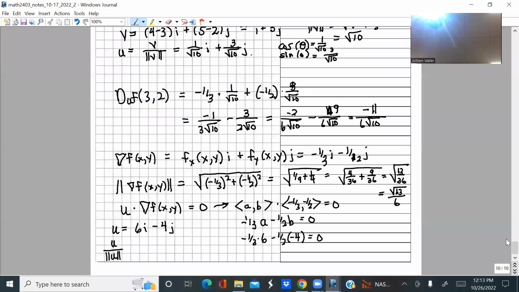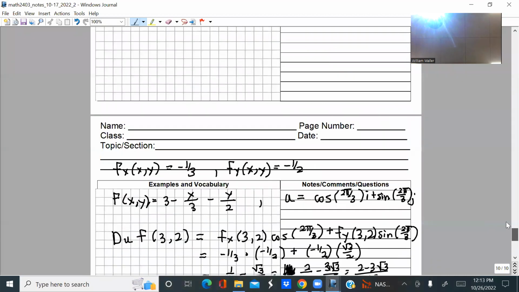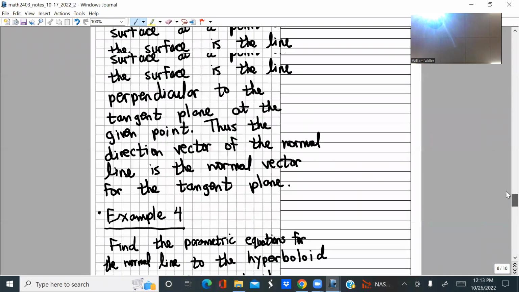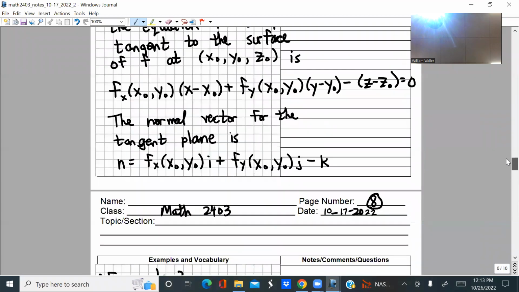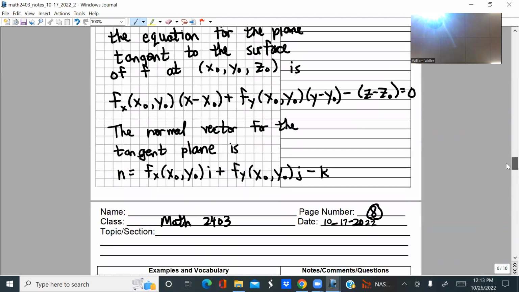Okay, so let's switch back to the notes, and all right, we're going to use this formula. So you may want to jot that down quickly. I'm going to show you the problem, but we won't be able to focus on the screen simultaneously, right? So there's the formula for the tangent plane of a surface at a particular point.